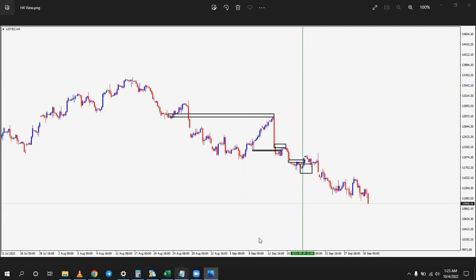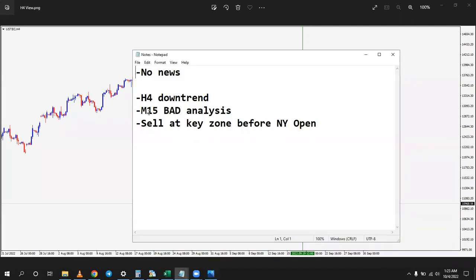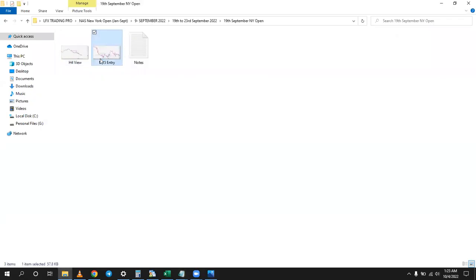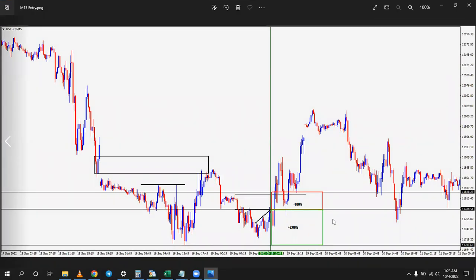So then we're able to get a setup on our M15, a BAD setup. So let me get the M15. Yeah, so as you can see, we had a downtrend, right? Price dropped down, then we had an upward move of price towards this decision point area.